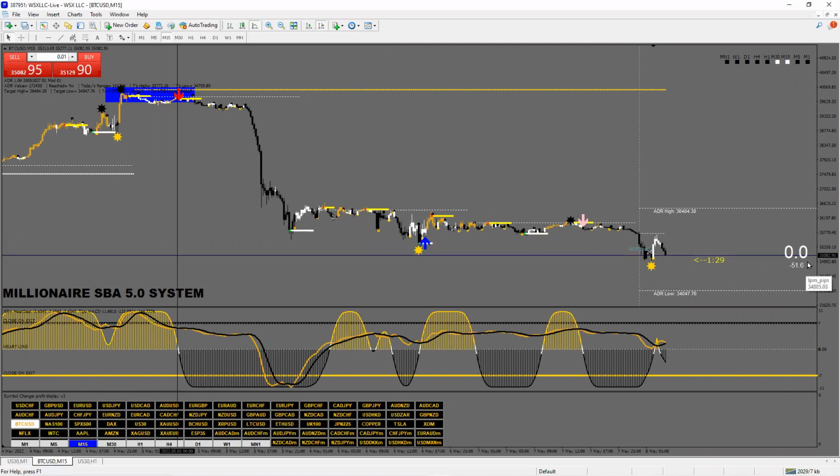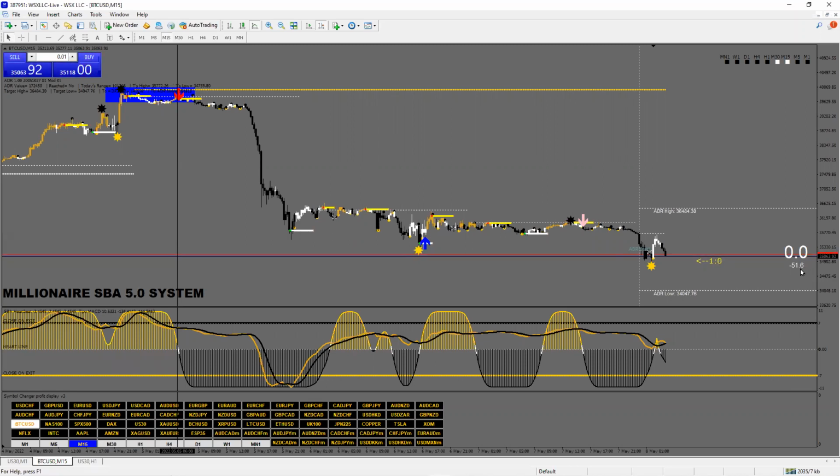Again, you see over here, I got out of this trade and the trade was minus 51.6. If this was a regular pair, like AUD/CAD or USD/JPY, this right here would signify 51 pips because we ignore the last digit.